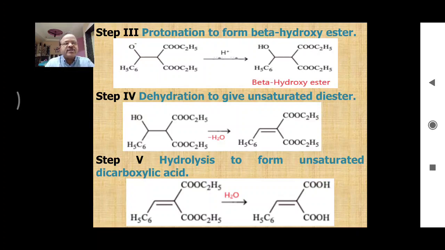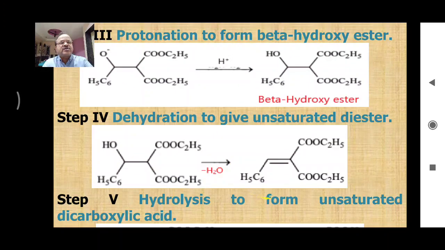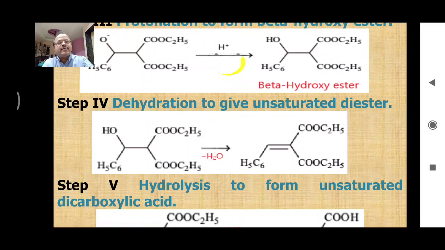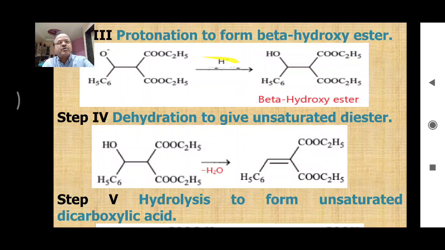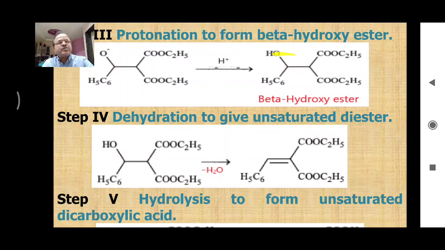Protonation means addition of H plus ion. You can see here this is O minus, and this H plus gets added to O minus. There is formation of this OH, and it is called beta hydroxy ester. Since two ester groups are there, more specifically it is called beta hydroxy diester.